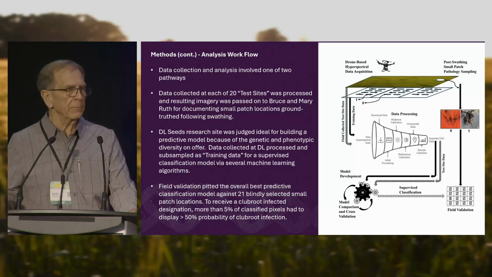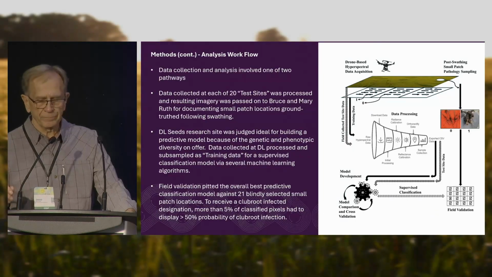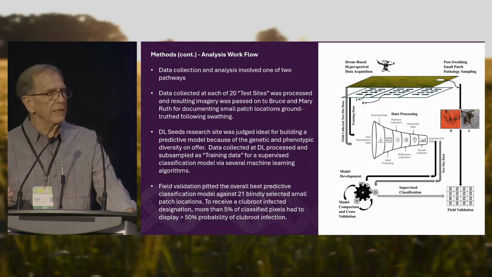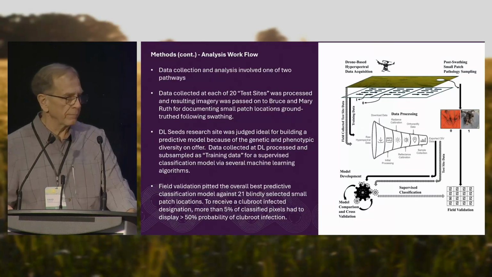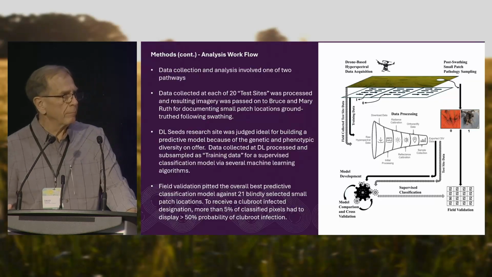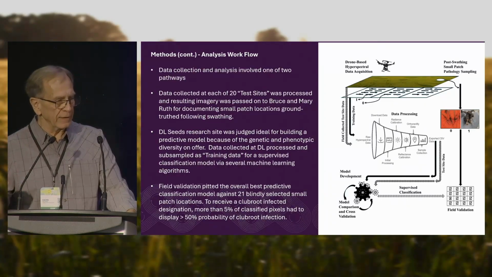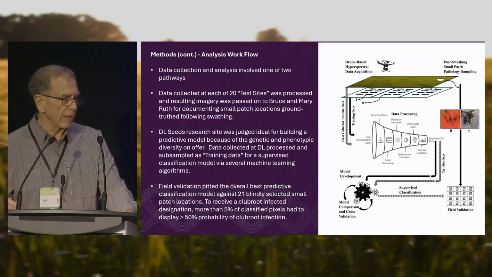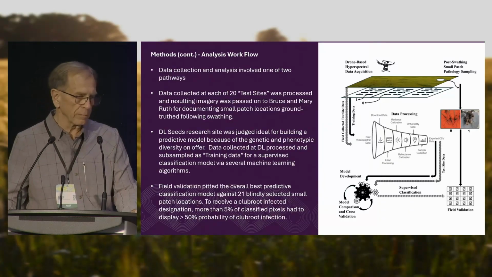And we'd pass that hyperspectral image on to Dr. Gosson and Dr. McDonald, and they would go and do the field pathology post-harvest. So that way we actually had the field data, and we also had this training data from the DLC orchard or breeding site.